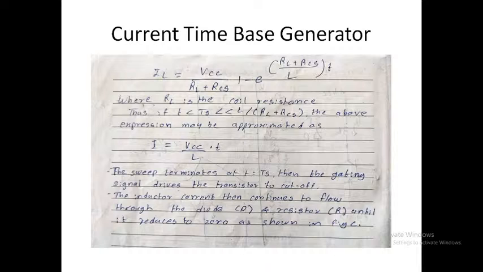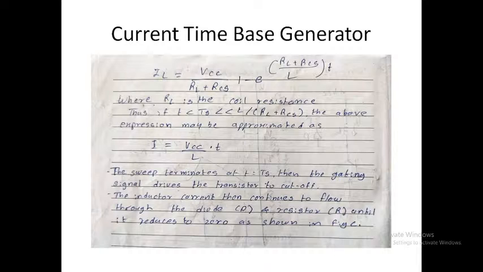The sweep terminates at t equal to Ts, that is the sweep time. Then the gating signal drives the transistor to cutoff, that is the off position. The inductor current then continues to flow through the diode D and resistor R until it reduces to 0.